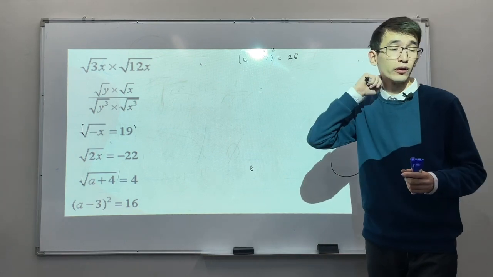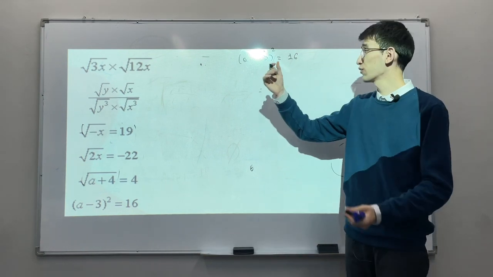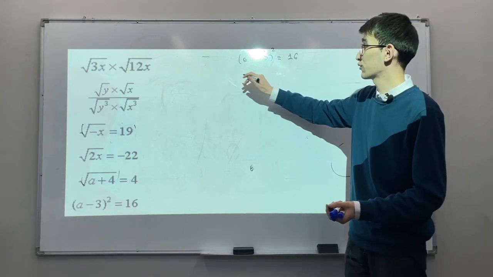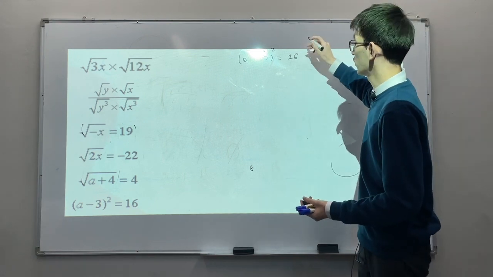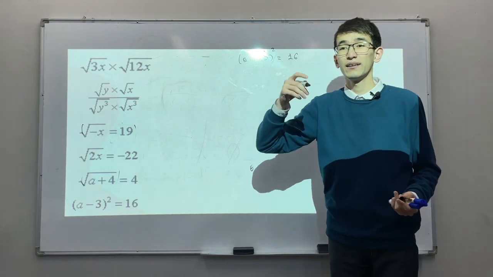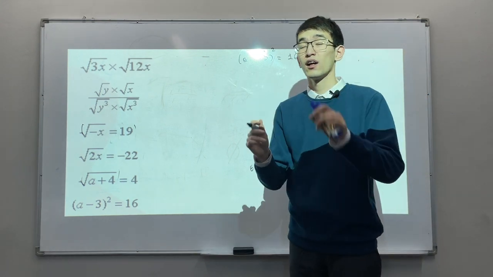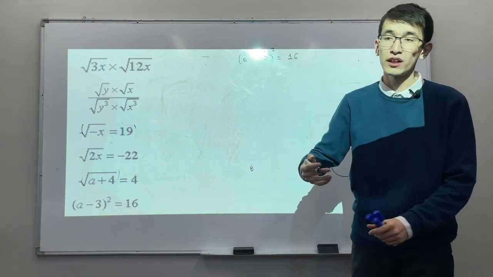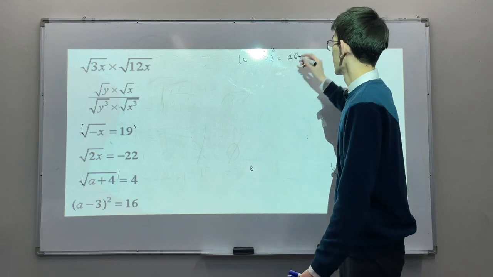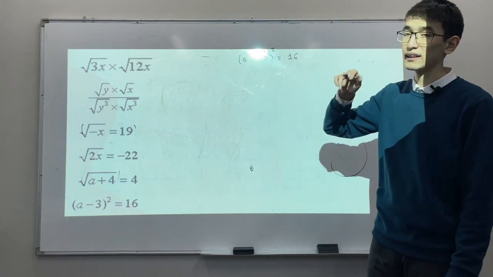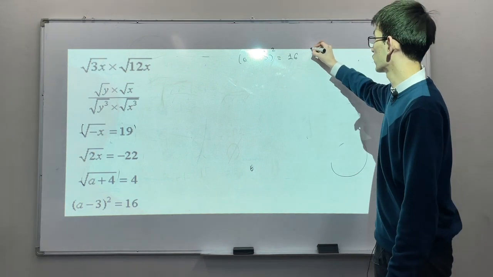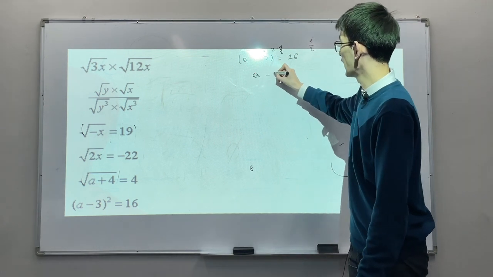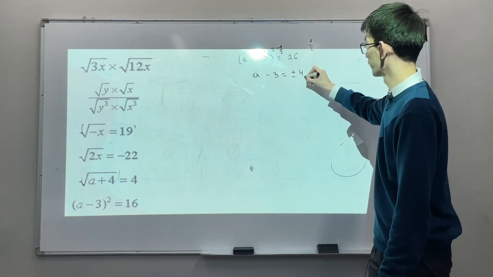If you see this type of equation in some tasks or problems, you have to just multiply both of the exponents by 1 over 2, and we get a minus 3 equals plus minus 4.